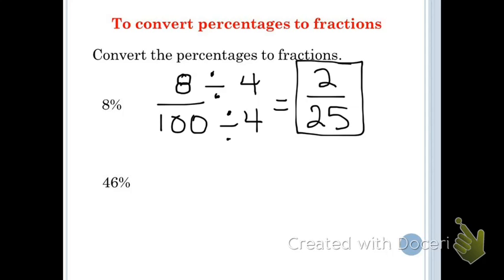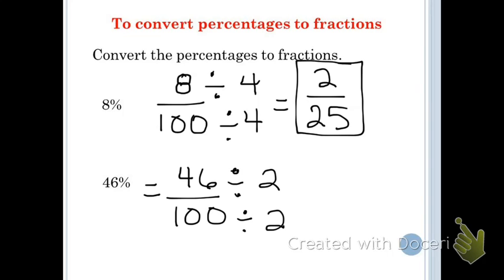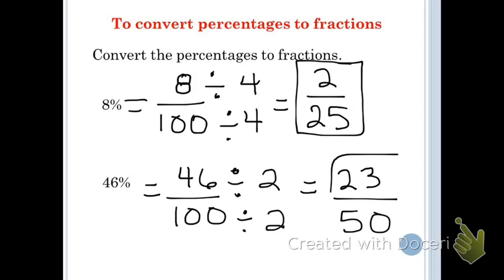In the second example, 46%. 46% is equal to 46 over 100. To write this in simplest form, I will divide the numerator and the denominator by 2. 46 divided by 2 is equal to 23. 100 divided by 2 is equal to 50. So 46% is equal to 23 over 50.